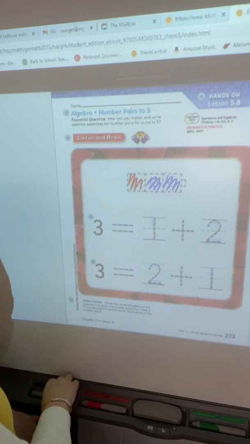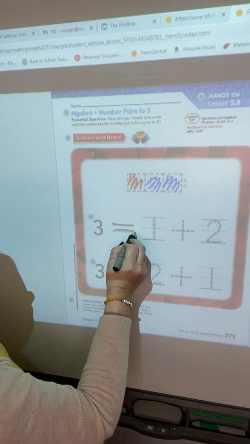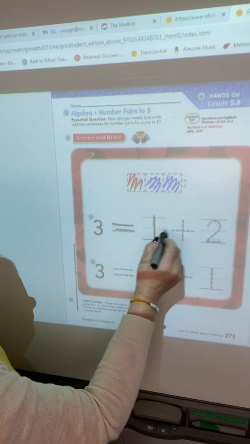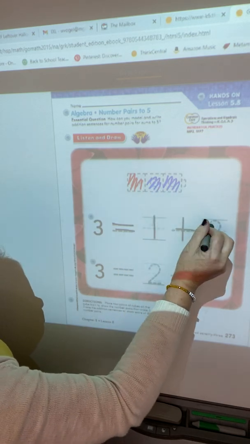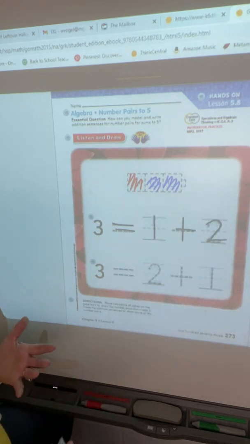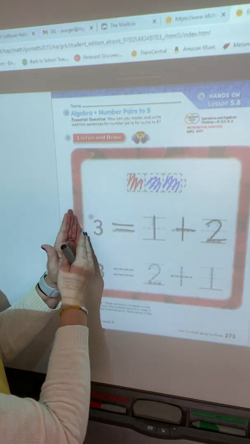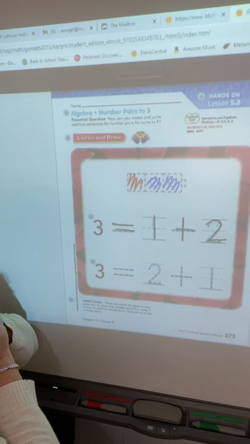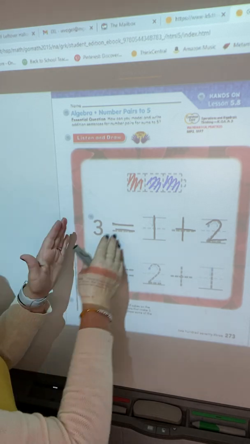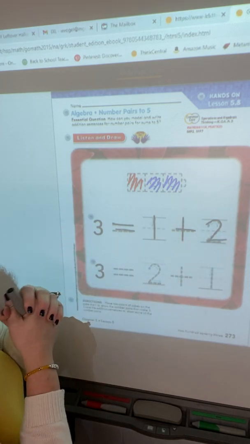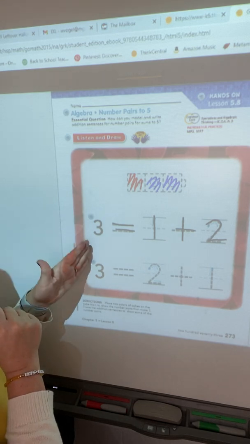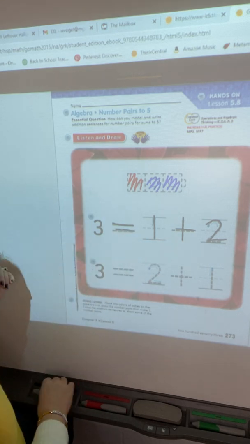It says 3 is equal to 1 red plus 2 blue. So it's still saying there are 3. It's just that we're going to flip and put the 3 and equals at the beginning of the number sentence, and put the 1 and 2, the sets of numbers, after. So this one says 3 equals 1 plus 2.